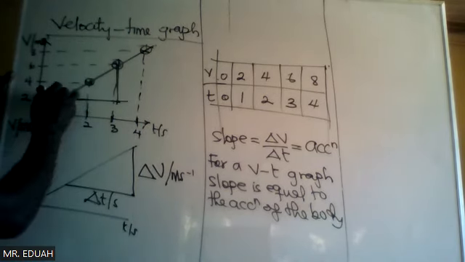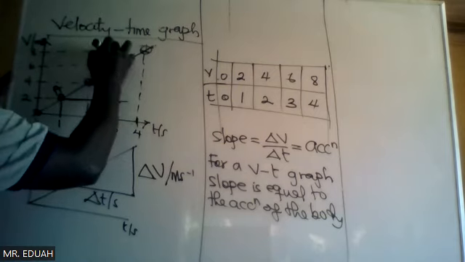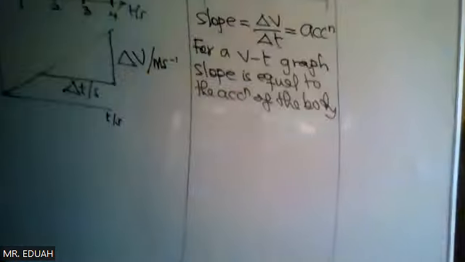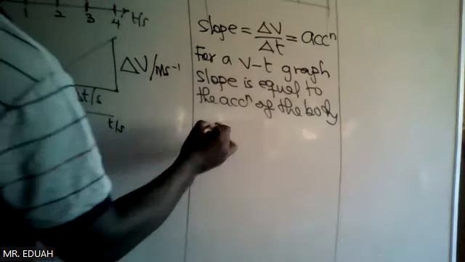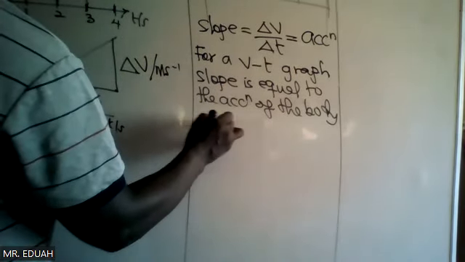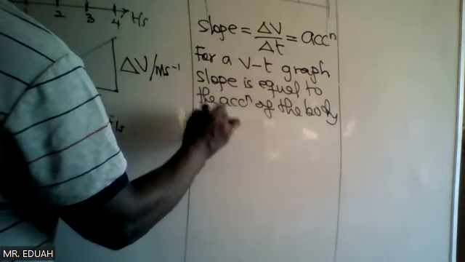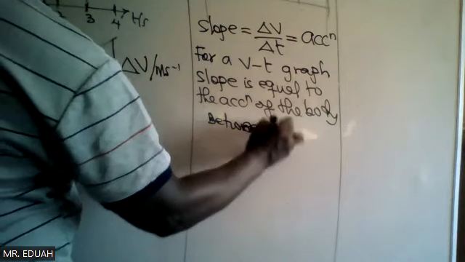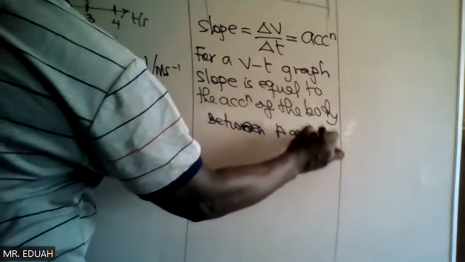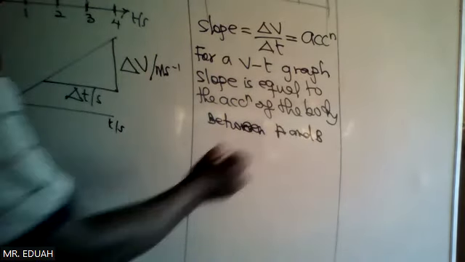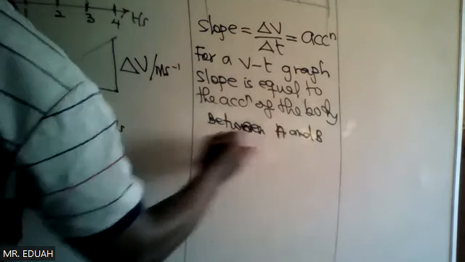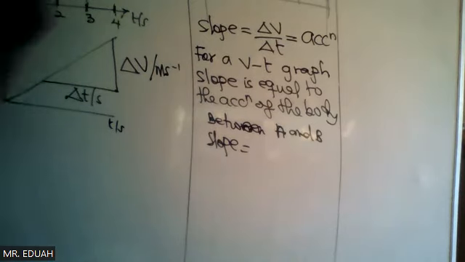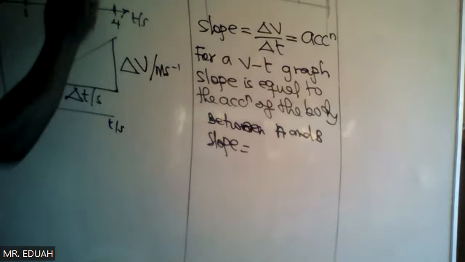So if you pick this point, A and B, and find the slope, let's pick two, between A and B, and then we find the slope. Slope is equal to change in vertical.